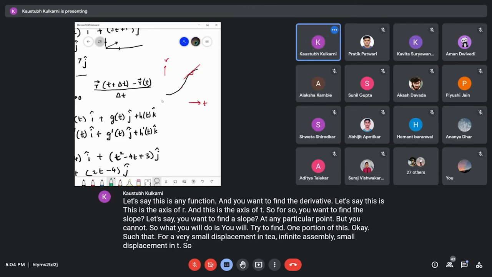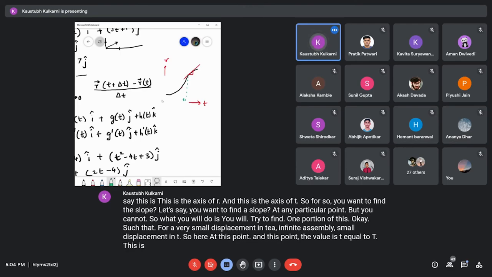So here at this point, the value is t equal to t, and this part is t equal to t plus delta t.